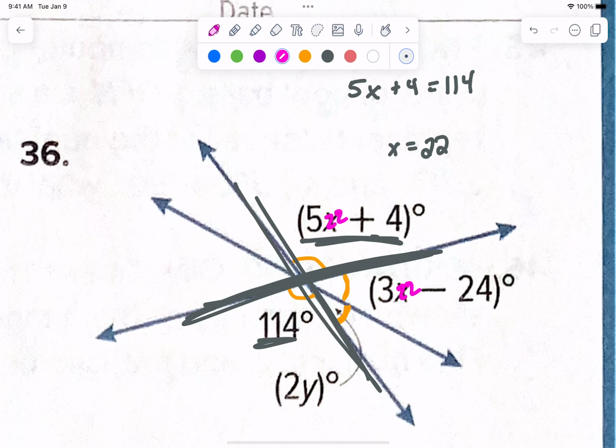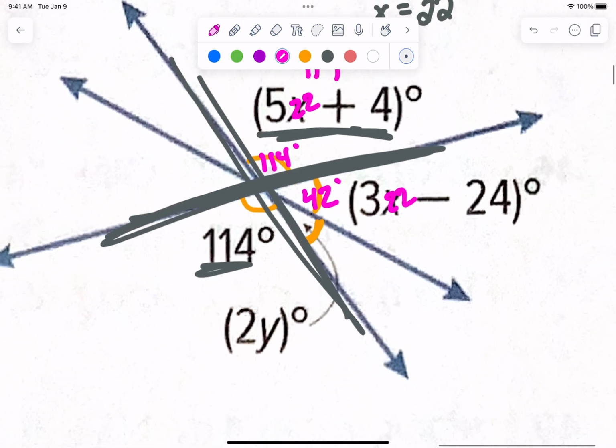So 22, 22. This guy's going to be 114. 3 times 22 minus 24. 66 minus 24 is 42. Okay. So this angle's 114. This angle's 42. And now we have to figure out what y is.